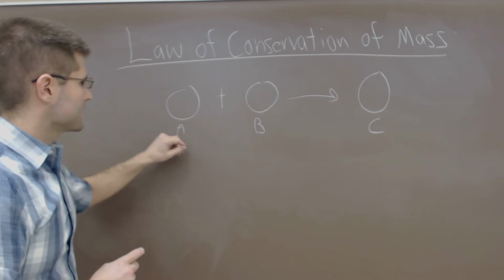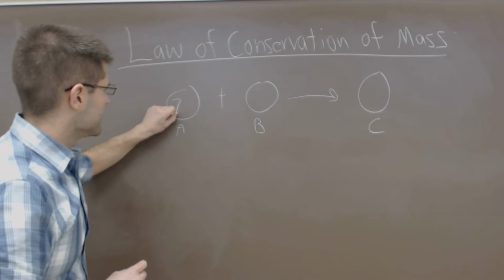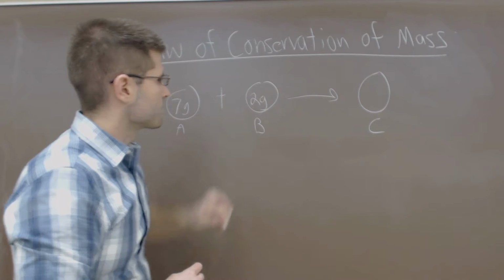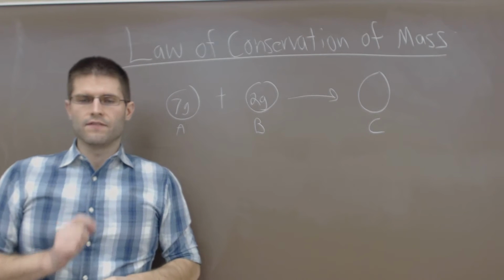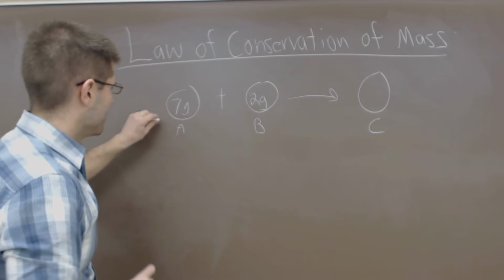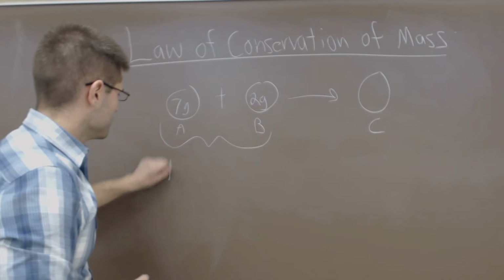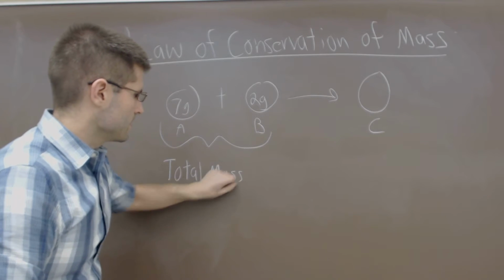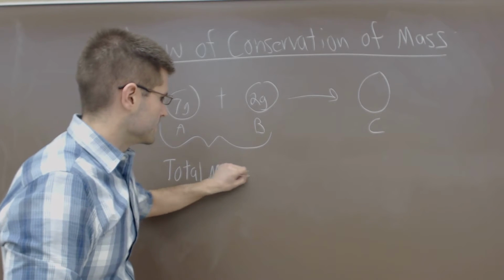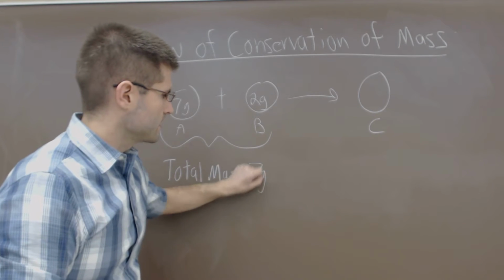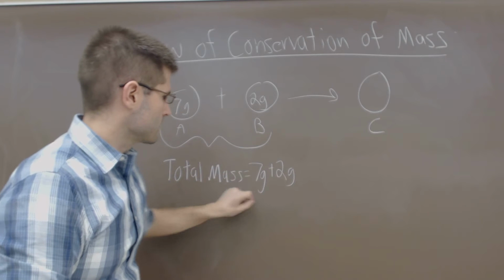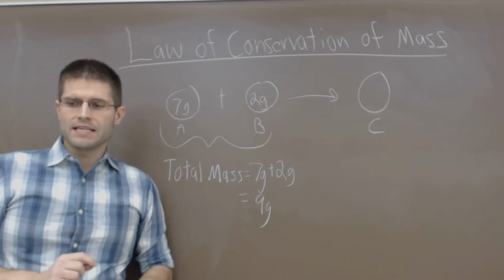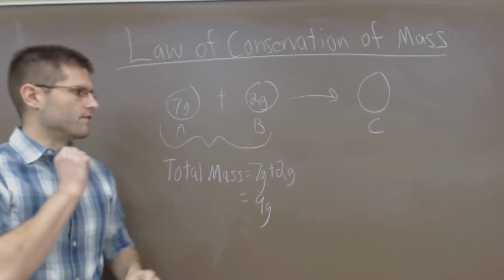So if we knew the masses of A and B, let's say A was 7 grams, and let's say B was 2 grams, by the law of mass conservation, the total mass of the reactants, which in this case would be 7 grams plus 2 grams, which equals 9 grams, has to be equal to the total mass of the products.